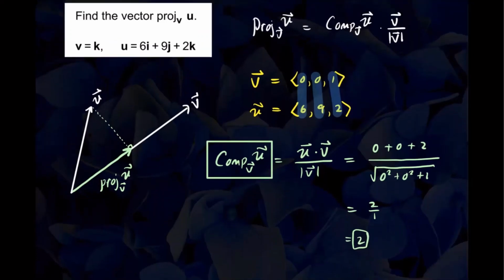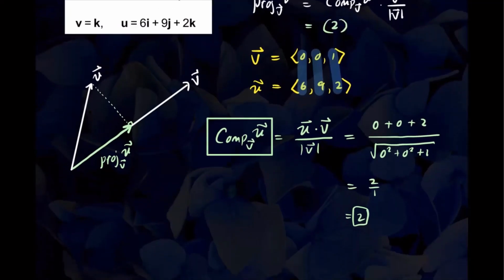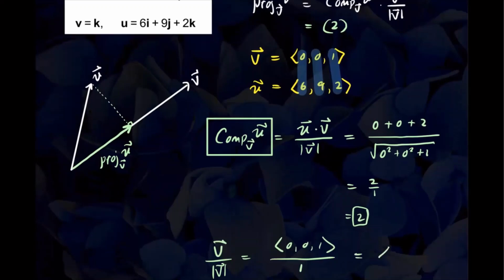So that's what we're going to replace right here, 2. Now we need to find the unit vector in the direction of v. So v divided by its magnitude: v has the components 0, 0, 1, and its magnitude is of course 1. So this vector is just 0, 0, 1. That's the direction of our new vector.